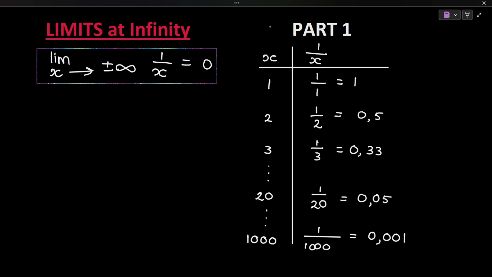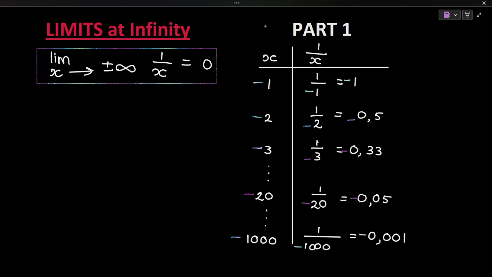Now, similarly, we can apply the same rule for negative infinity. So let's make use of the same values that we have, but instead they are now going to be negative values. So we'll be substituting the negatives of those values, and those are going to yield negative answers as well.